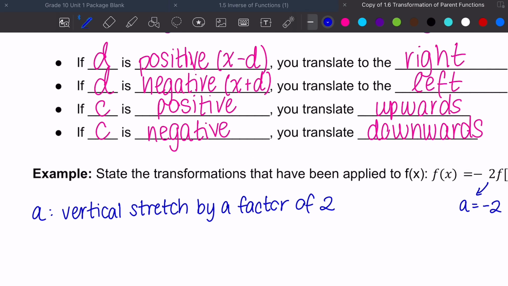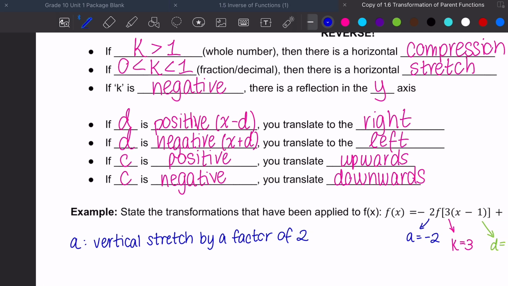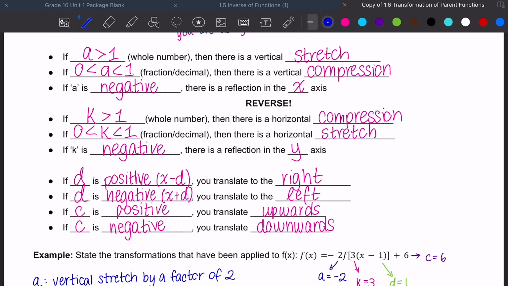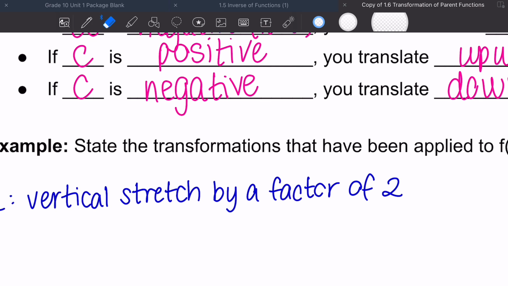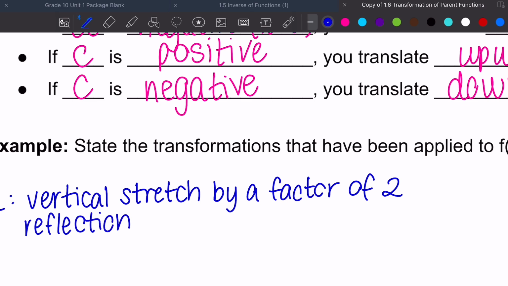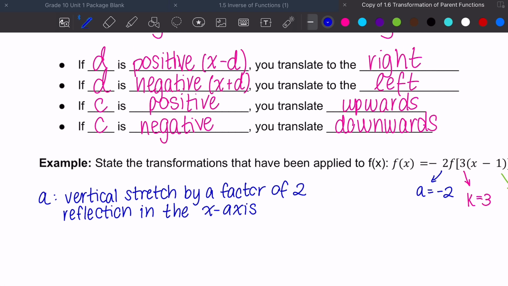But it's also negative. So the negative is also a transformation. And we said, okay, if A is negative, then I'm reflecting. So I can also say there's a reflection in the x-axis. So, okay, A is done.